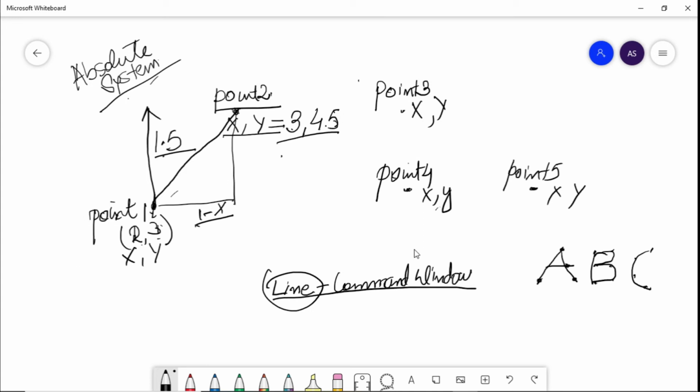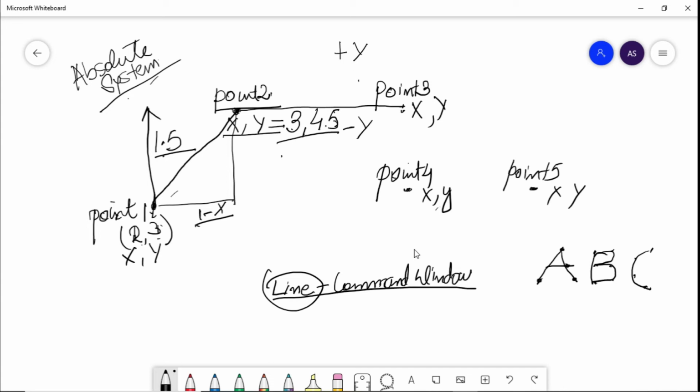Now from this point we have moved in the horizontal direction, the direction of x, and this is point 3. It has made a line up to point 3. Then there is no movement in the direction of y, neither in the positive y direction nor in the negative y direction.